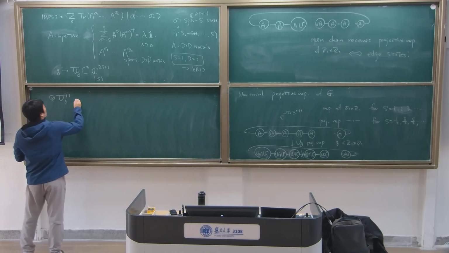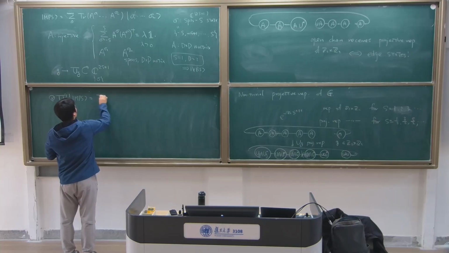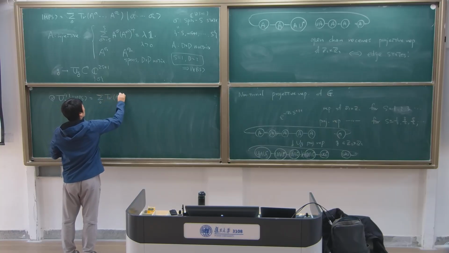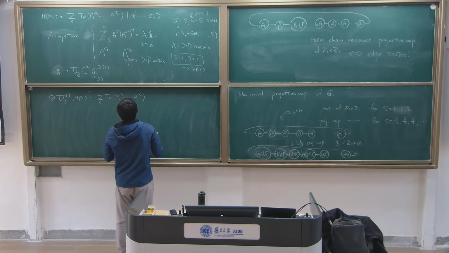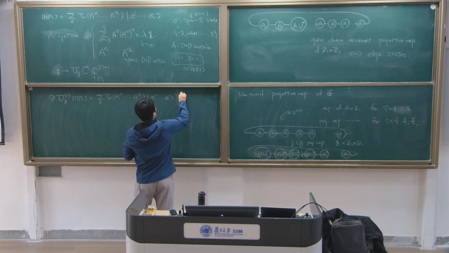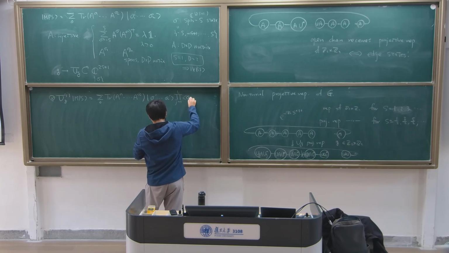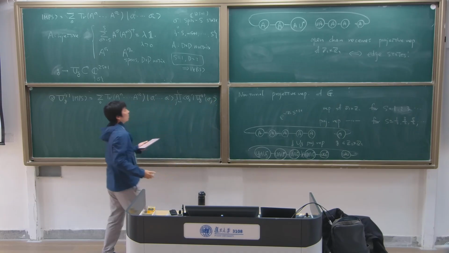And G acts on this, and this can be understood as a sum of sigma raised of n sigma in sigma L, and then this can act like this.